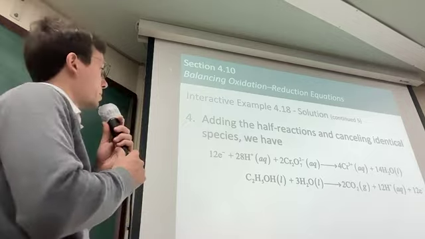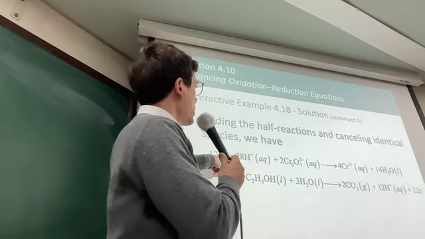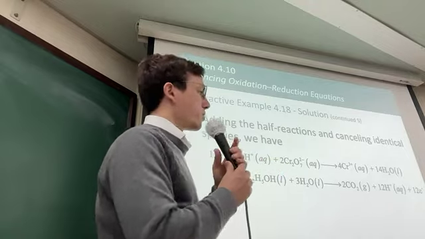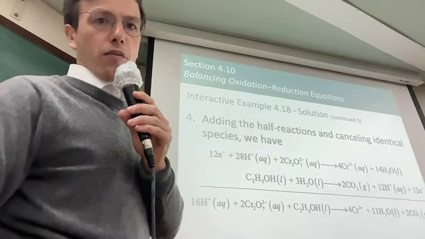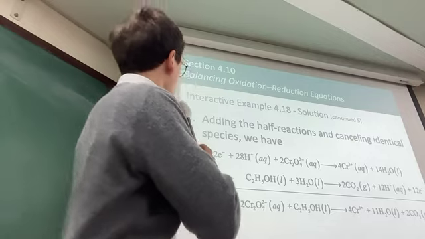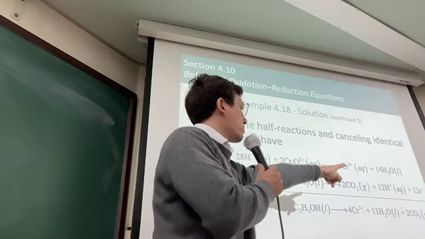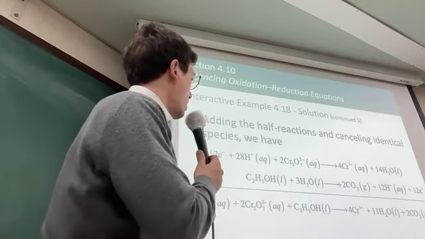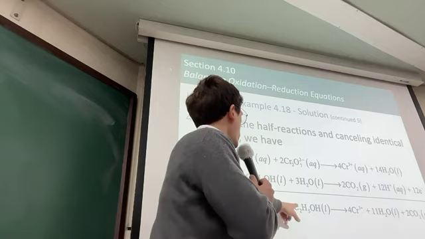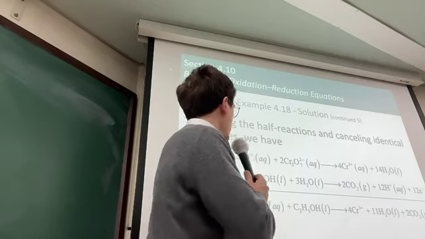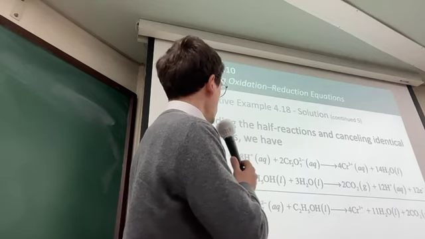So we just write them here. This is the first one, and the second one, the oxidation reaction. And then we just add them up. Then we have here 12 electrons, but there also we have 12 electrons, so they cancel out. We have ethanol here, we have 2 chromate here, and we have 16 hydrogen.